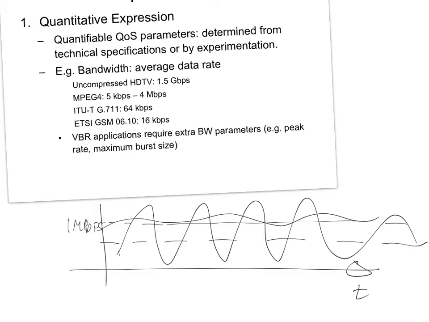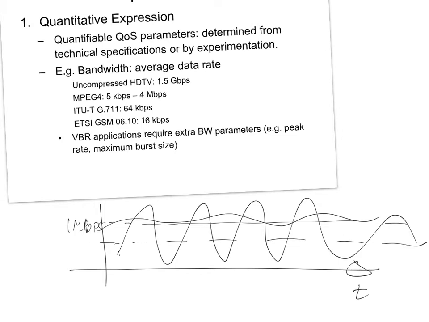Okay? So we cannot just say that by guaranteeing the average throughput or the average delay we can maintain constant quality for variable bitrate applications. And here we're talking about variable bitrate applications. Variable bitrate applications like what? As we said, video. Video inherently is variable bitrate.